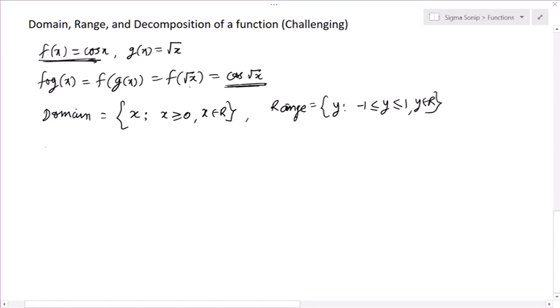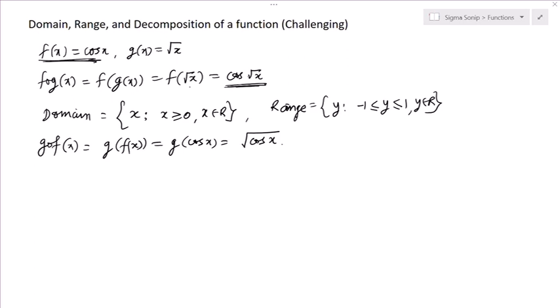That part is okay. Let's look at g of f(x), which is g of cos x, and that gives you square root of cos x. Now we have to find the domain. We need to think of all values of x which make cos x positive, because it is under the square root sign.